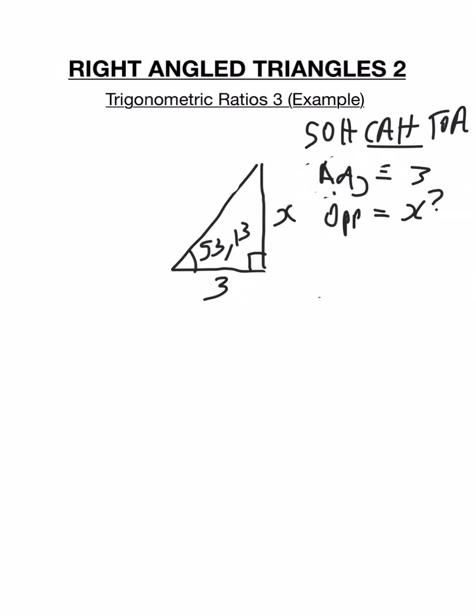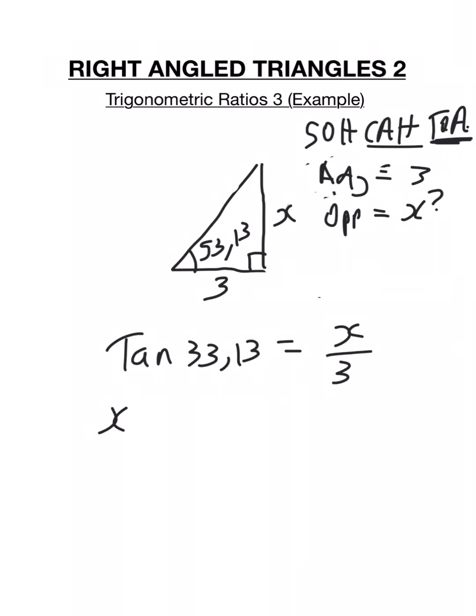So now what to do, because there is adjacent and opposite. Adjacent and opposite, that is tan, which is opposite over adjacent. So that's tan 53.13 is equal to opposite over adjacent, that is x over our adjacent, which is 3.